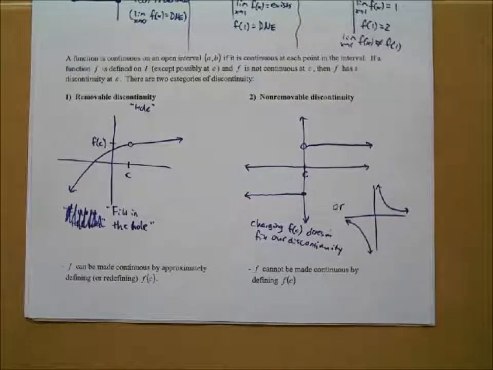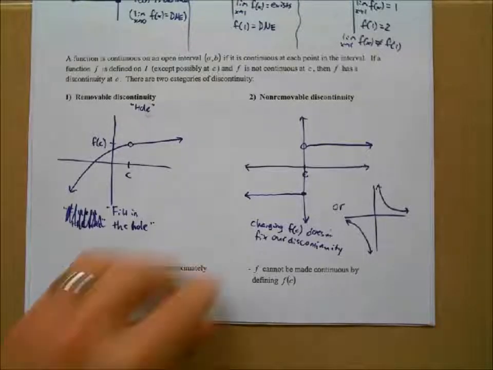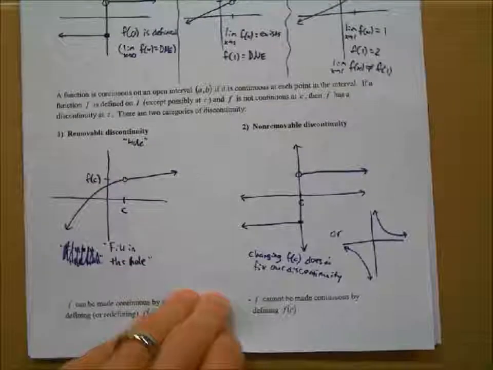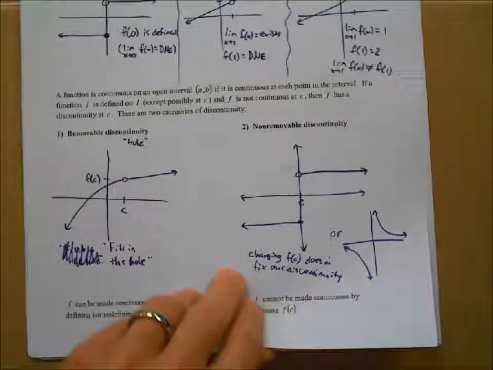Okay, we can't just make f suddenly continuous by defining f of c to be different or something like that. It's not going to work that way because of that jump. Okay, so different types of discontinuities. Questions on any of that? Ready to move on there?